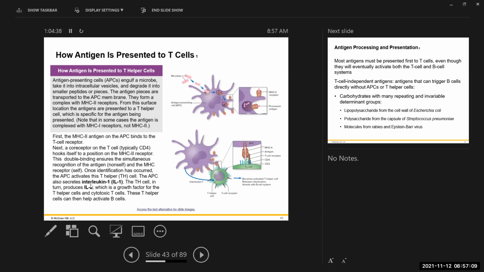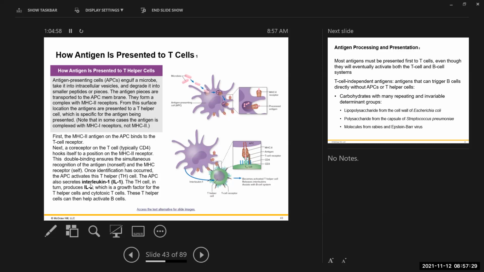So the antigen is going to essentially be bound to the surface of the antigen presenting cell.